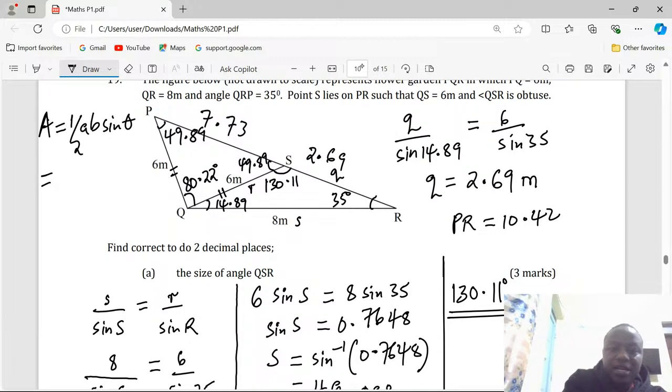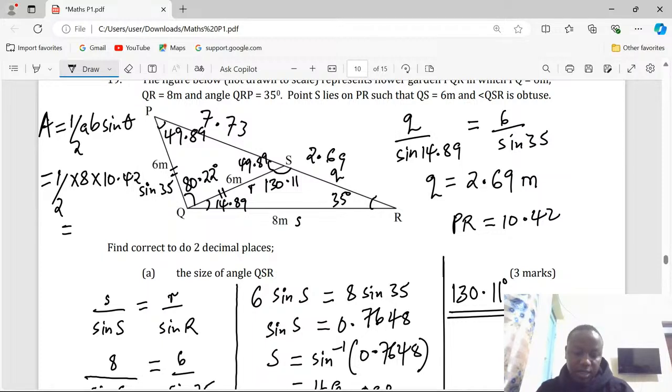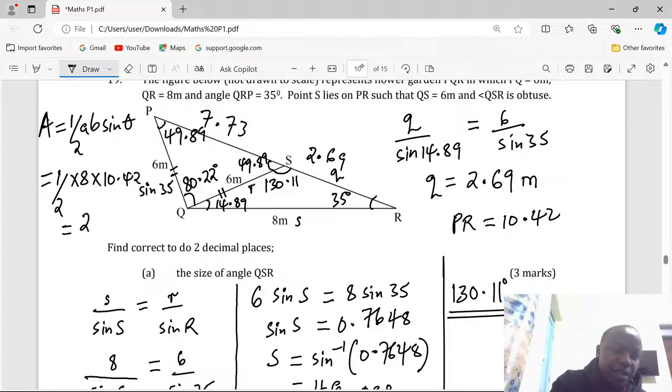Therefore, we can take half times 8 multiplied by the other length, 10.42. Then the sine of the angle between them, which is 35. Half multiplied by 8 multiplied by 10.42, the sine of 35. This is going to be 23.91.